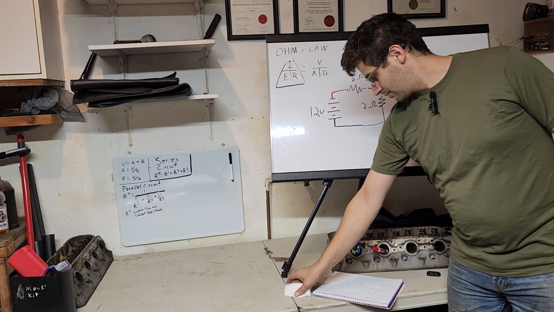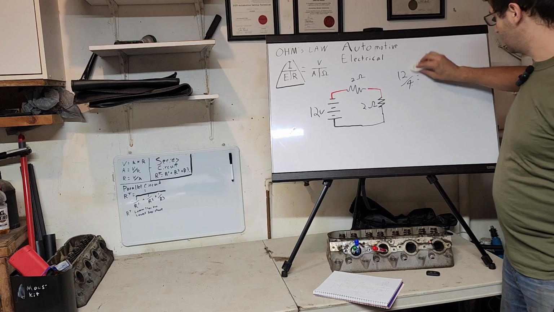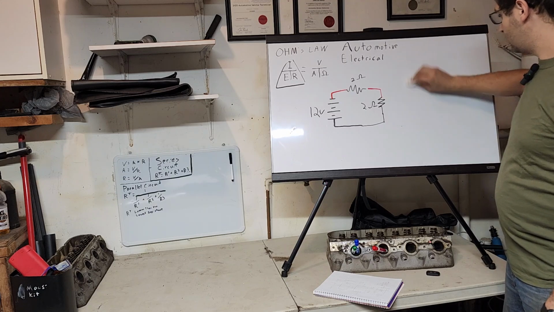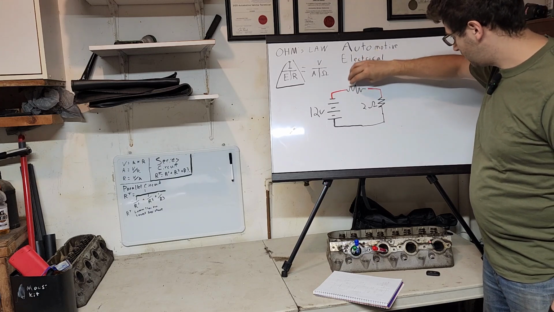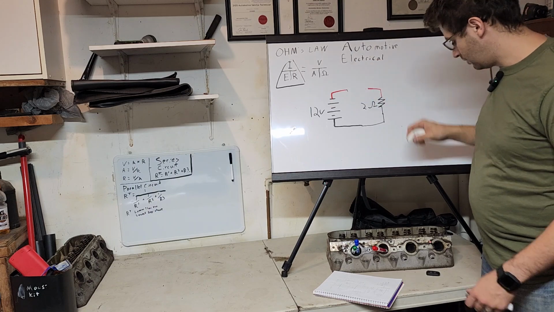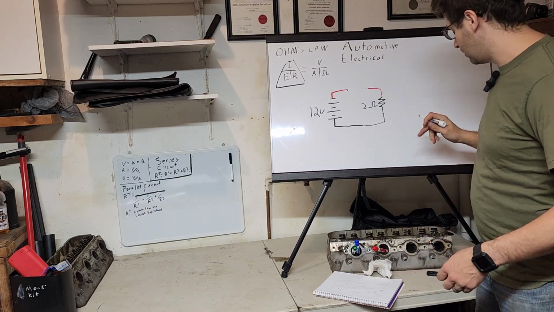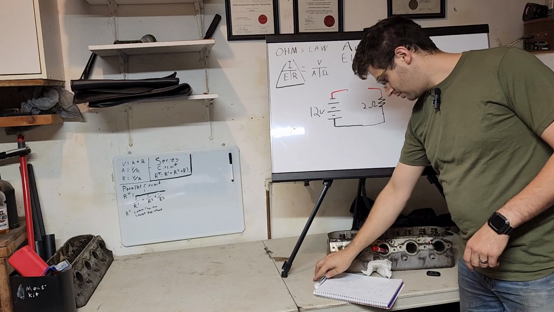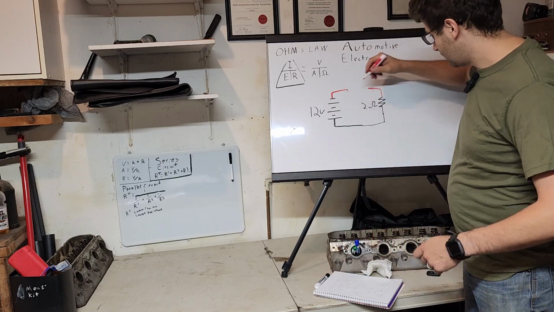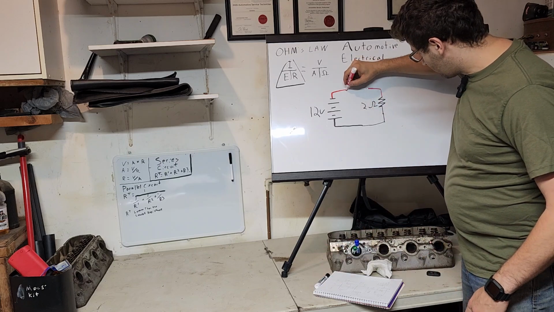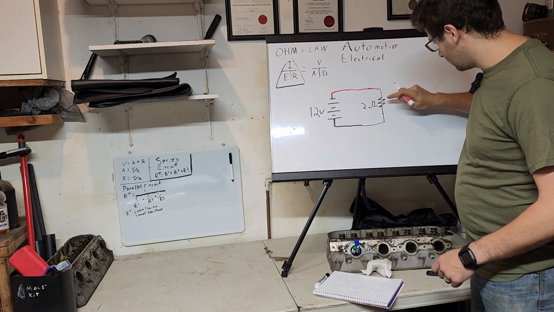Now, that's really easy if you're just running a wire to a light bulb. But what if you want to run a lot of things at once, like on a car? Like a pair of headlights or something like that.